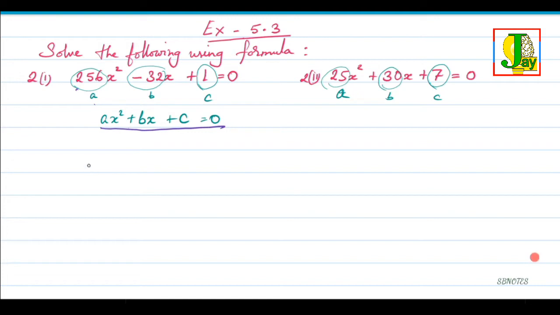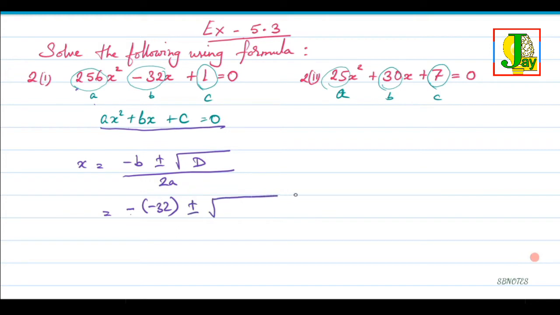So we just need to put those values in the formula. We have the formula x equals to minus b plus minus root over d, everyone knows it's b square minus 4ac, by 2a. So minus of minus b, b is minus 32, that means minus of minus 32. Remember, don't get confused, minus b, and b is minus 32.